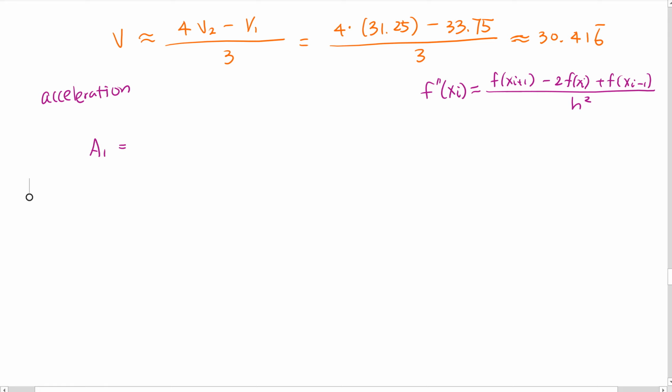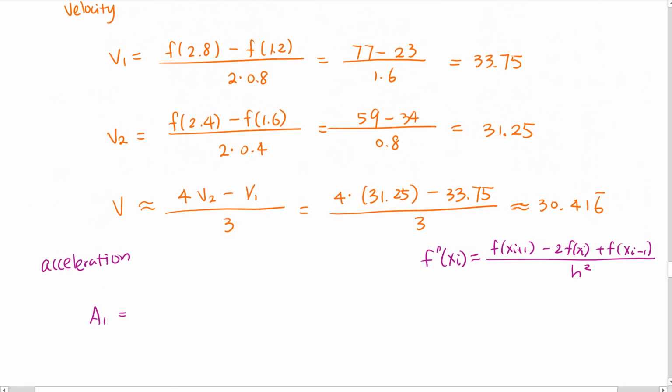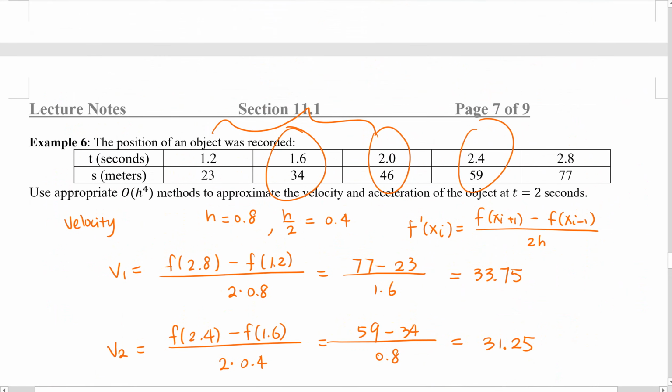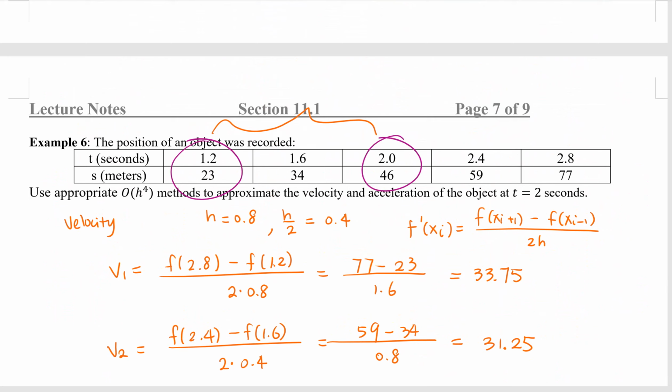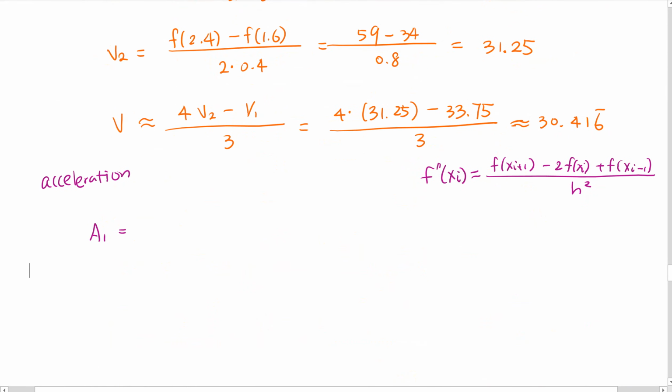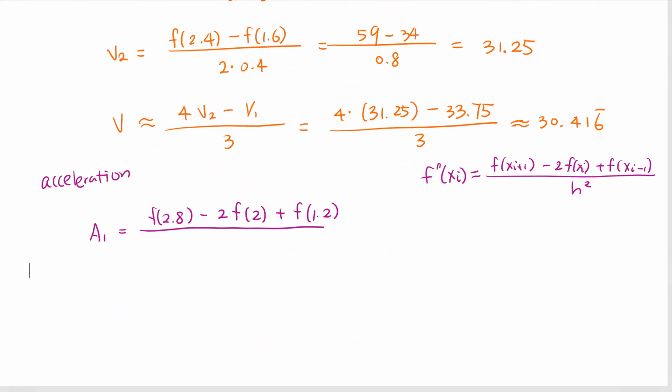A1 is the approximation using the bigger step size. And here for the second derivative, we need 3 points. So which are the 3 points we use? This guy, and this guy. There's 3 points. Okay, so f of xi plus 1 is f of 2.8, and minus 2 f of xi, which is 2, plus f of x sub i minus 1, which is 1.2, and then all over h, which is 0.8, squared.